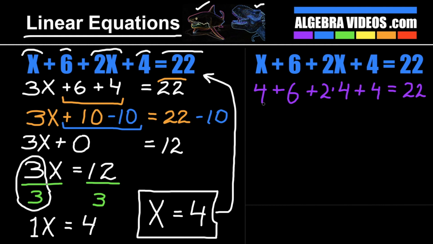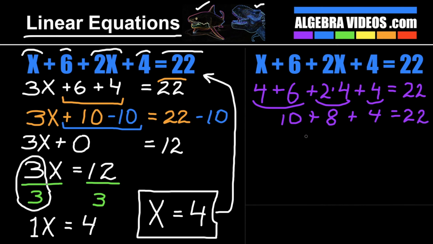So now let's simplify this. 4 plus 6, this part right here, is 10, plus this 2 times 4, that's 8, plus this 4 right here, that's 4, and that equals, on the right side, 22, which nothing changed, we're just bringing it down.